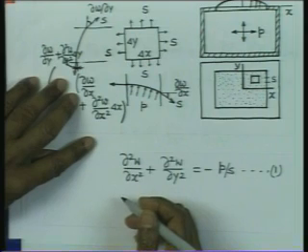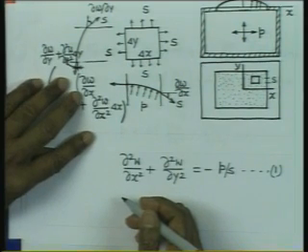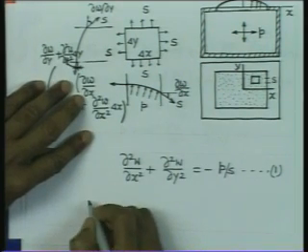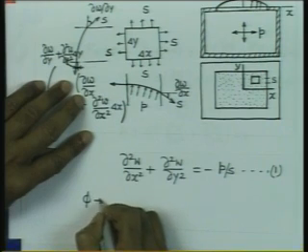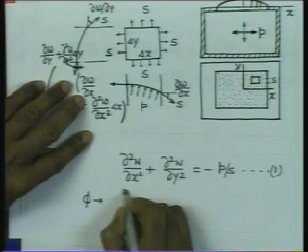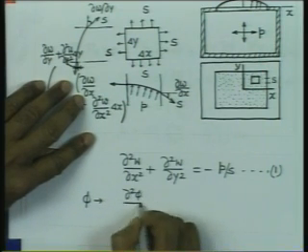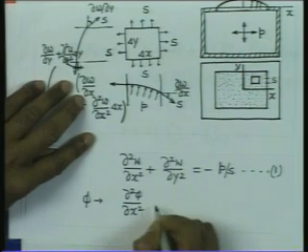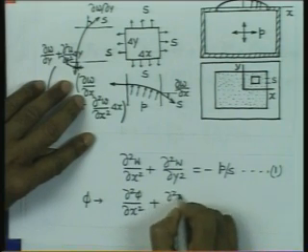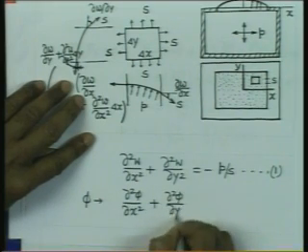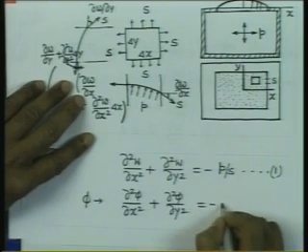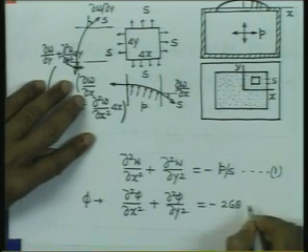If you remember, the Prandtl stress function phi also satisfies an equation of the type ∂²phi/∂x² plus ∂²phi/∂y² is equal to minus 2Gθ.